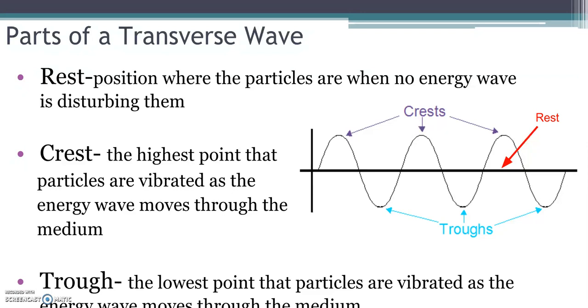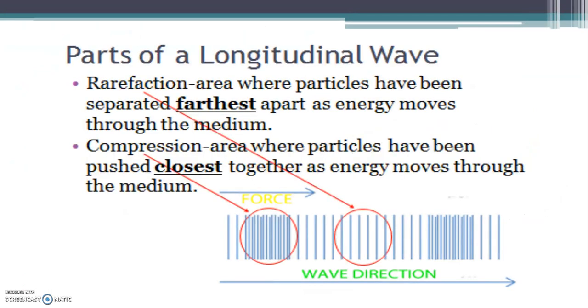All right, so your definitions for parts of a transverse wave should be filled in, as well as the diagram beneath that showing what those are on a wave. Next on your notes is the parts of a longitudinal wave. Again, we're not going to have a rest, so we're just going to have the areas of rarefaction and compression. So your diagram is similar to the one on the screen.